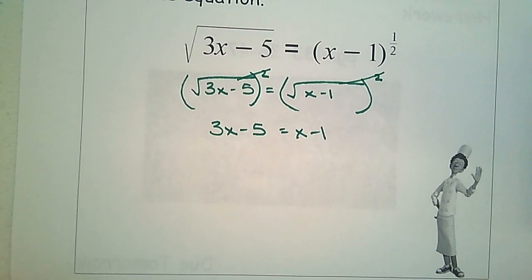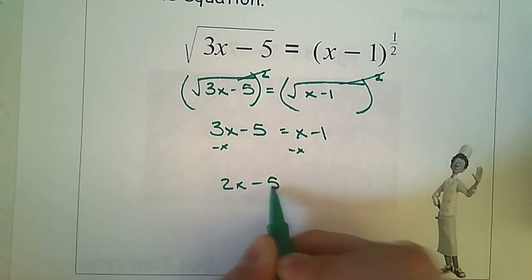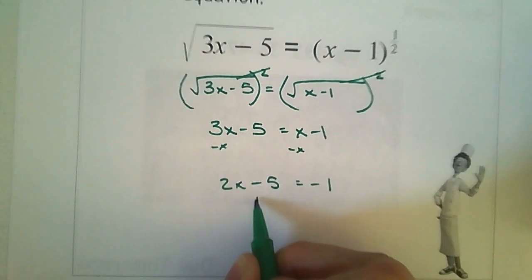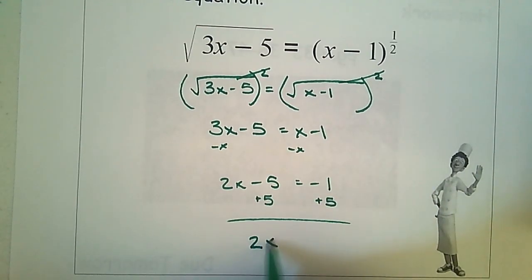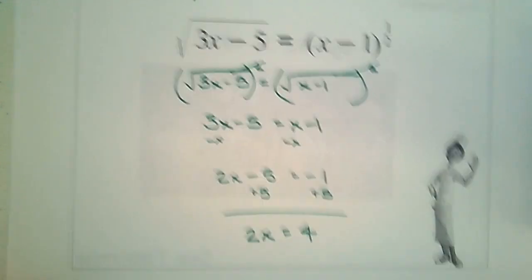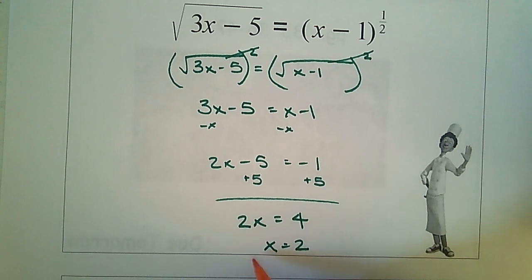Step 3, we're going to solve for x. We're going to end up getting 2x equals 4. So x equals 2, potentially. And again, I need to check these, so let's go ahead and plug it into an original equation.